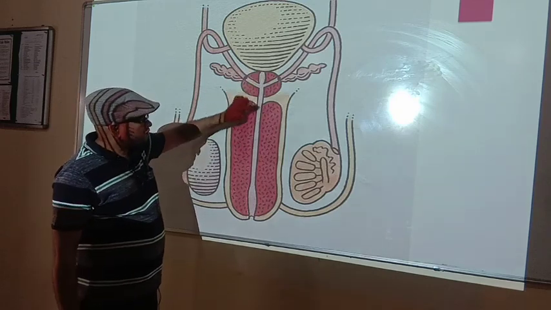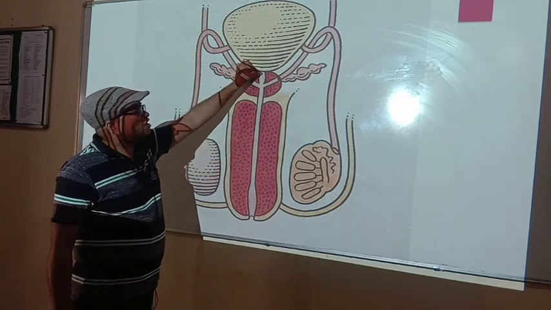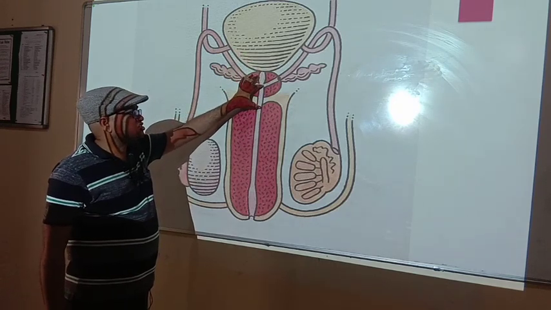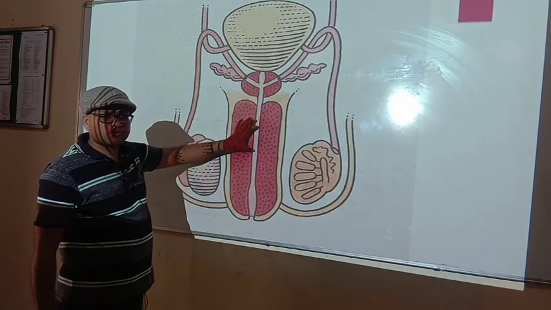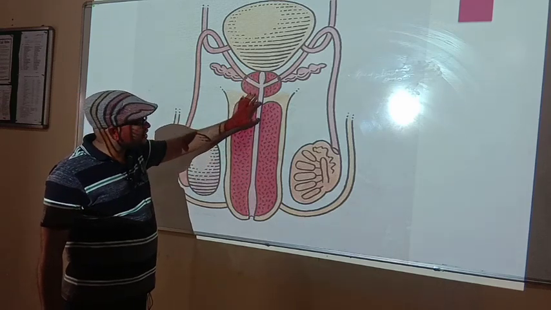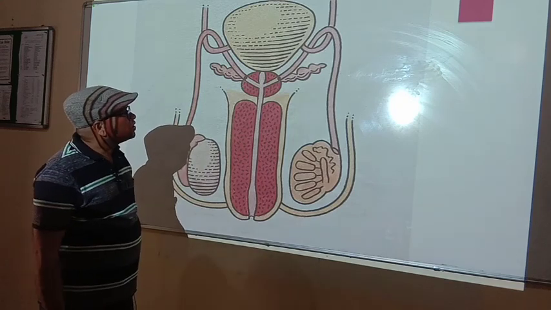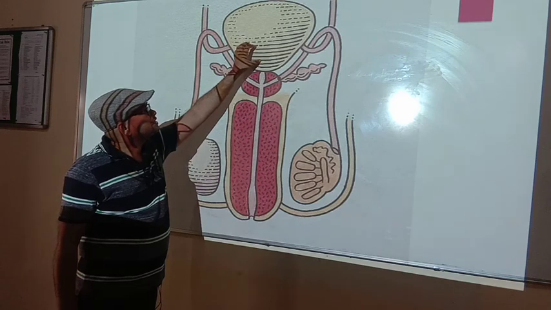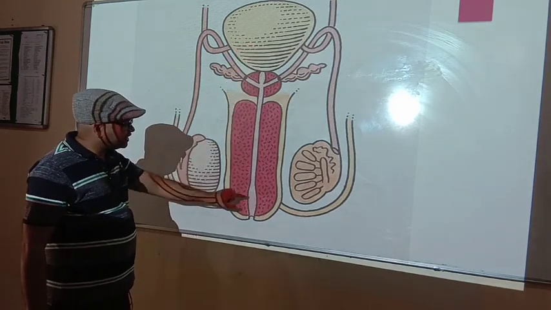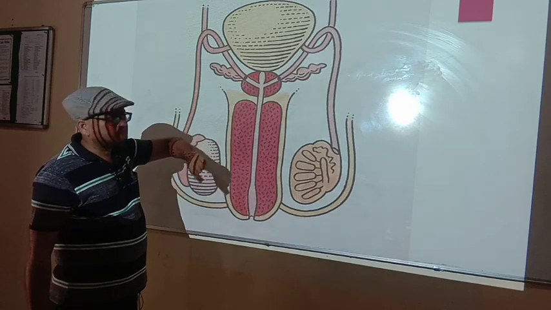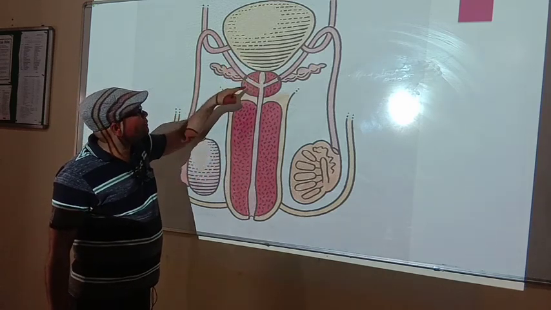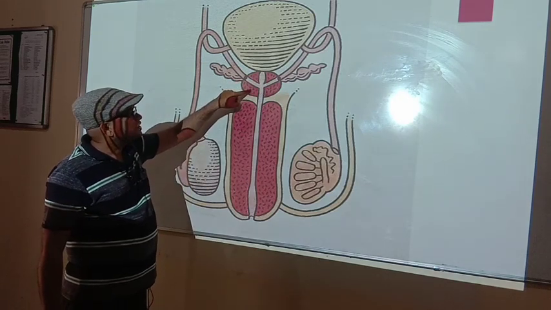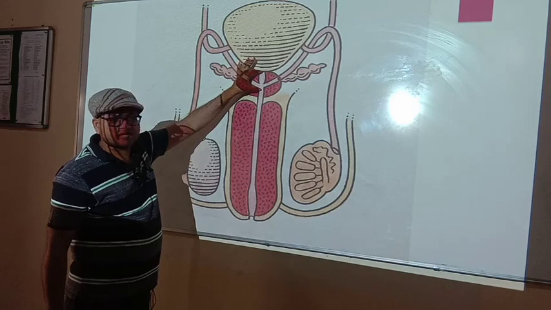Now, here it is the urethra. This urethra is the common passage for the release of urine from the body of the male as well as the genital release from the body of the male. The urethra originates from the urinary bladder. This is the urinary bladder, and this urethra is divided into three parts. The first part, surrounded by a muscular structure called the prostate, is called the prostatic urethra.